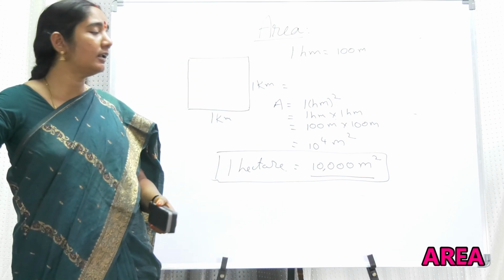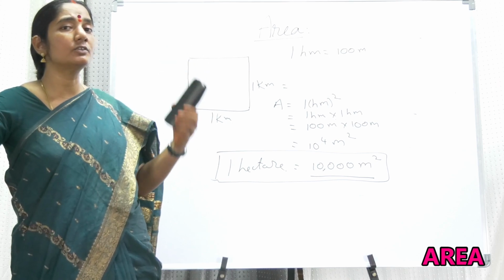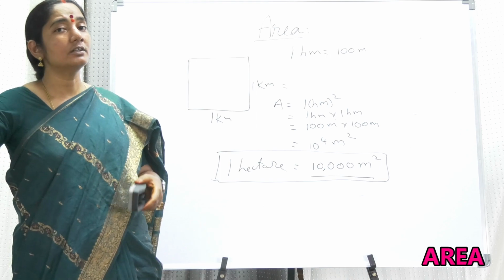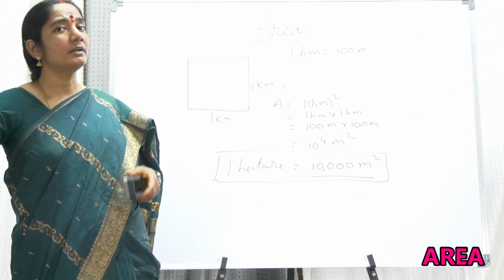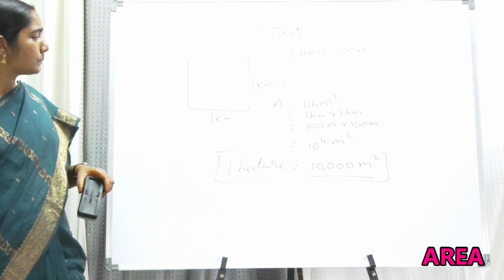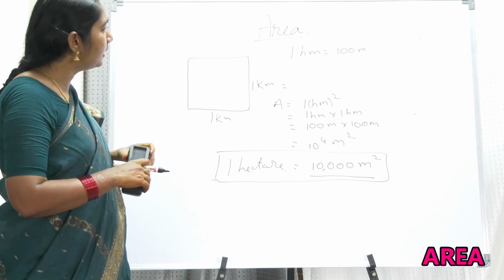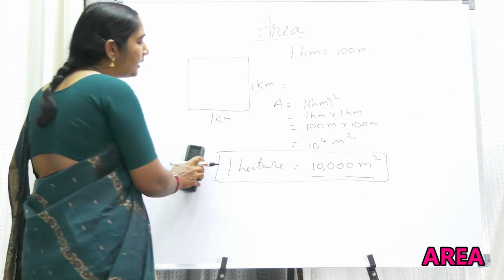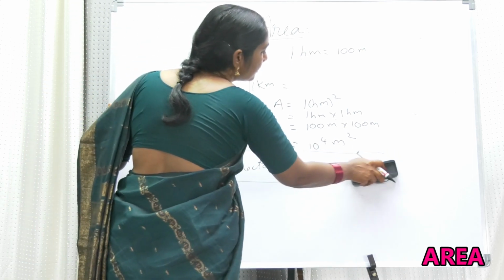At that time, our area was nearly about 70 lakhs of square kilometers. But now we are hardly having 33 lakhs of square kilometers. So, my dear friends, now our area is nearly about 33 lakhs of square kilometers.